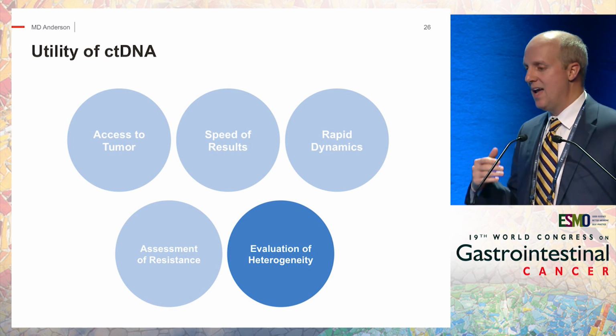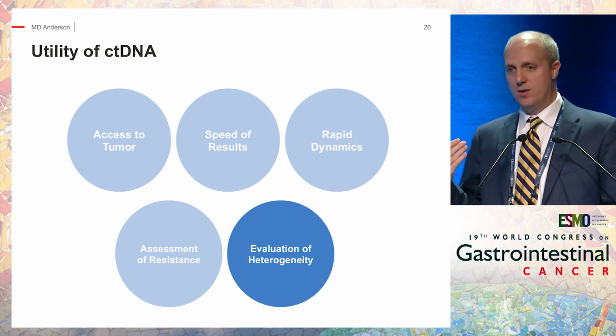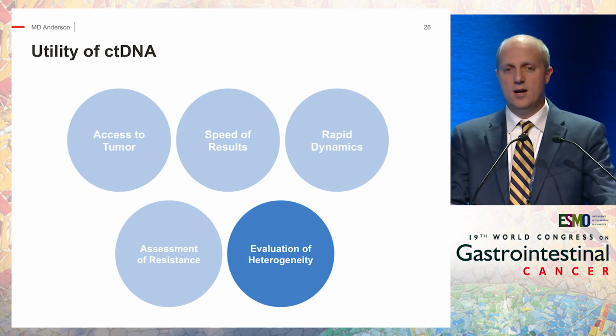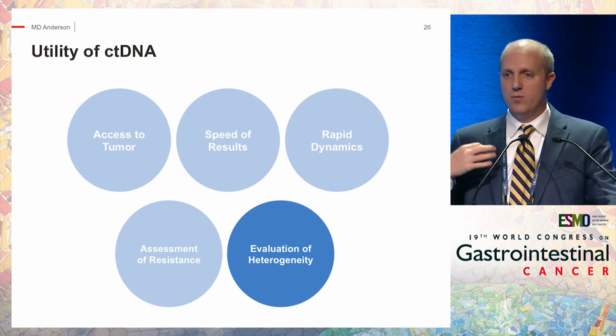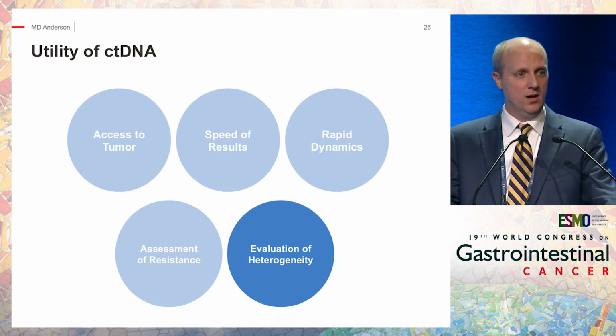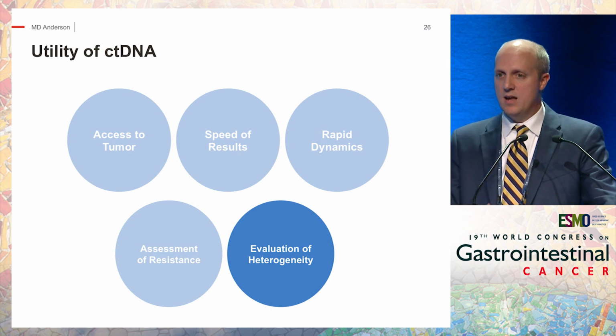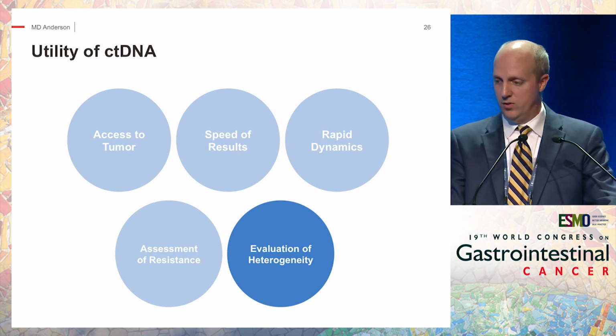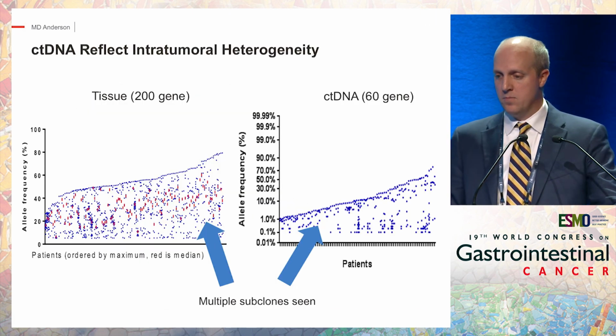So what about the heterogeneity of the tumor, right? This idea that when we do a biopsy, we may be capturing one area of the tumor, but ctDNA does capture the entirety of the tumor burden.